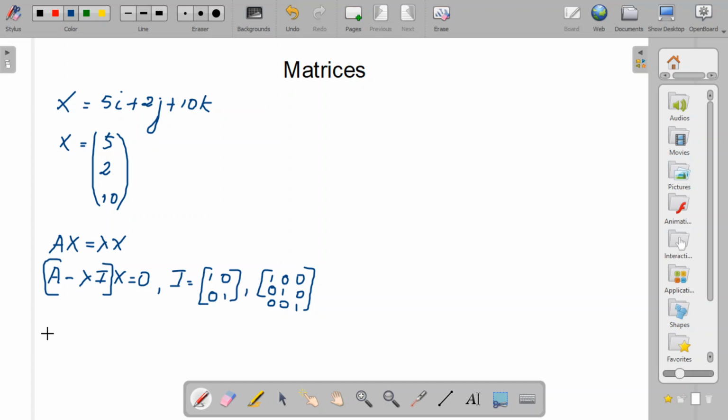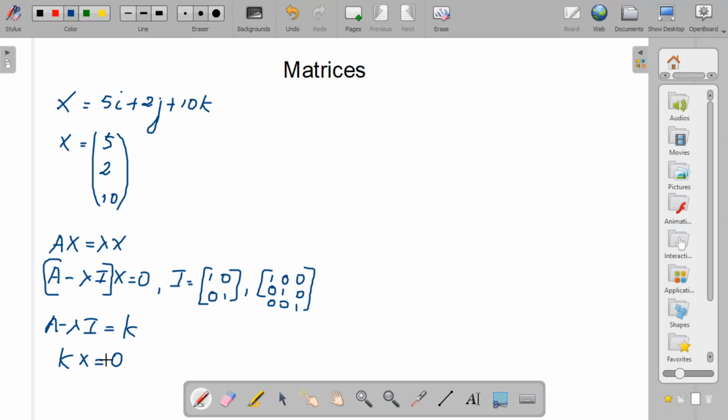Now A minus lambda I into x is equal to 0, if I write this as an equation. Now let me consider this A minus lambda I and call it K. So if it is K, I can write K into x is equal to 0.